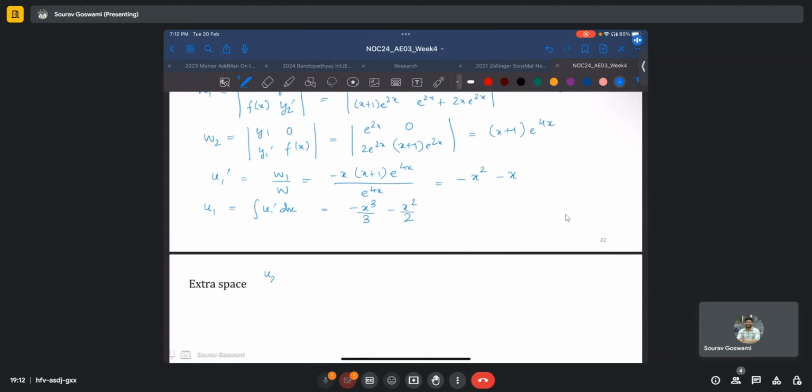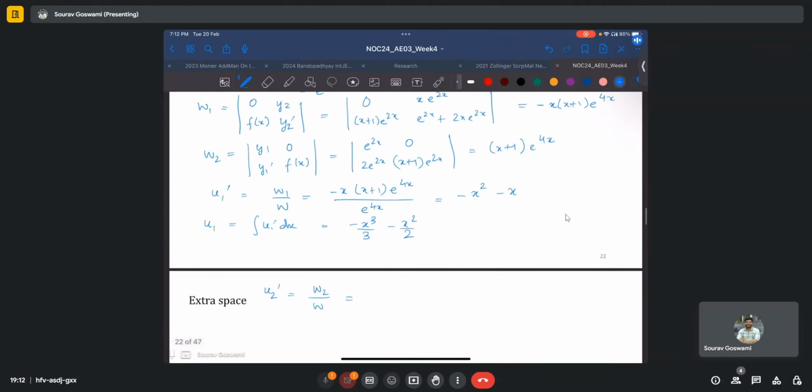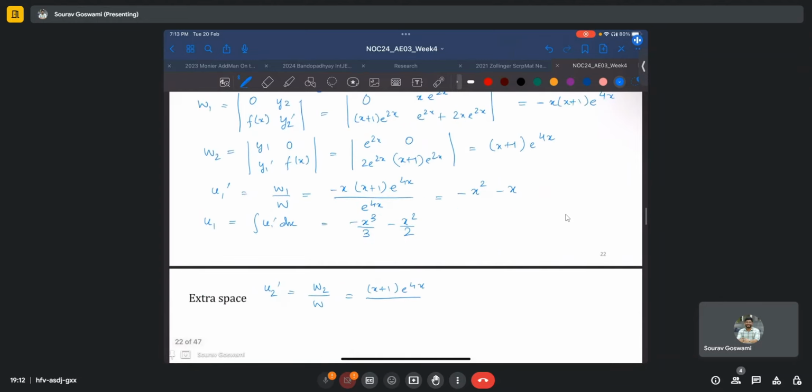Similarly for the second function u2, u2 prime would be equal to w2 by w. W2 is (x plus 1) e power 4x by e power 4x. So simply x plus 1, thus u2 is the integral of u2 prime dx, which is x square by 2 plus x.